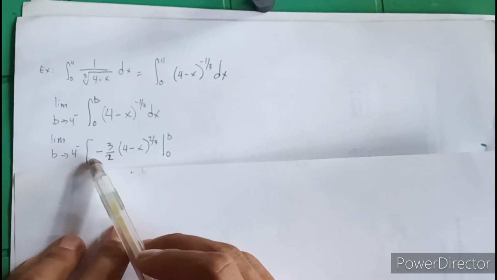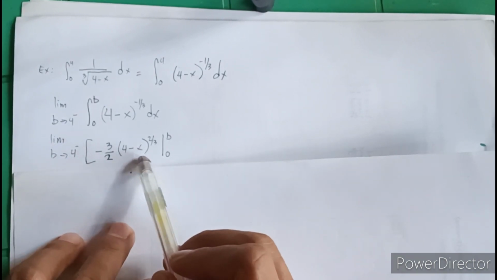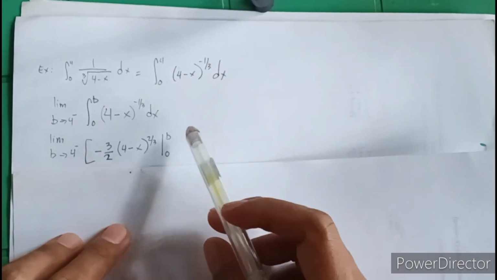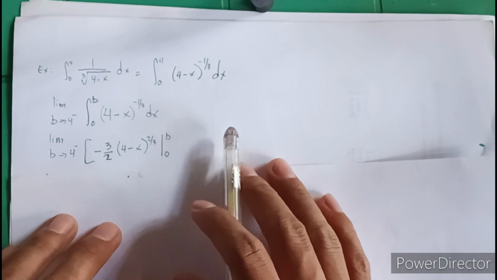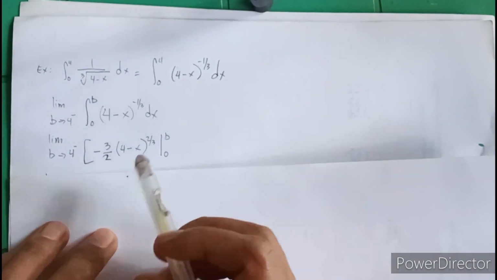So we can write negative 3 over 2 times (4 minus x) raised to 2 thirds, evaluated from 0 to b.